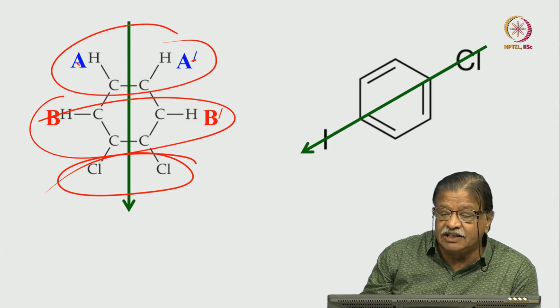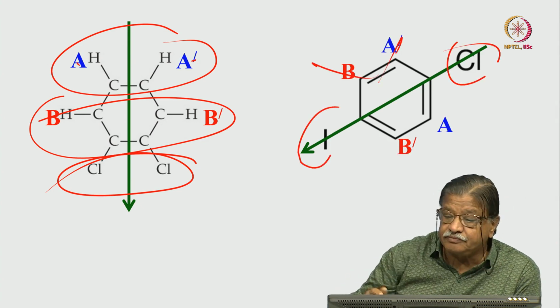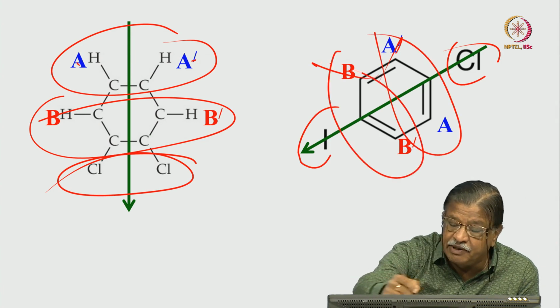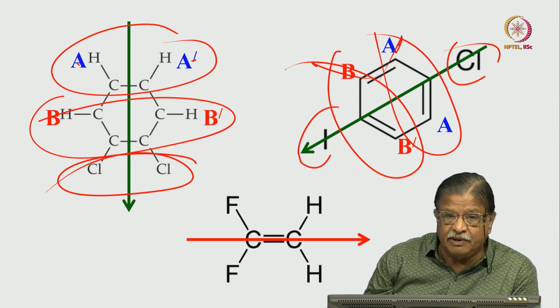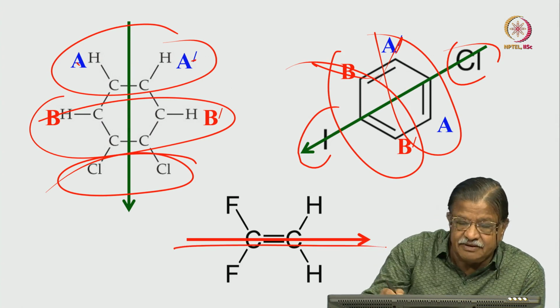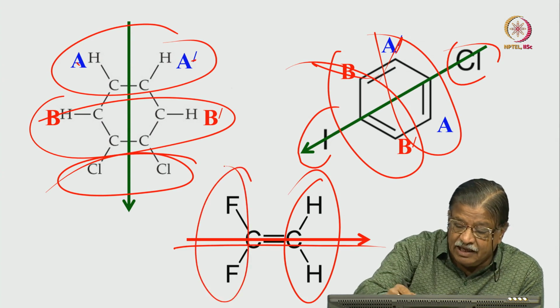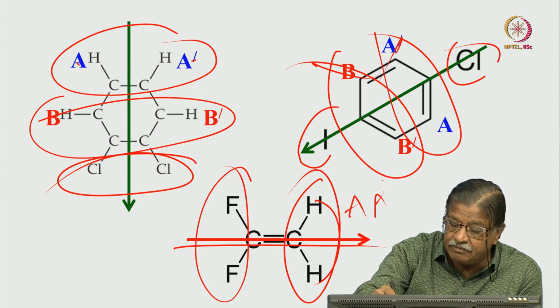Look at this one, this is a different substitution, again these 3 protons, this is A prime, this is B prime, it is a strongly coupled case. What about this one? There is a symmetry axis, these 2 protons are equivalent, I call it A prime.